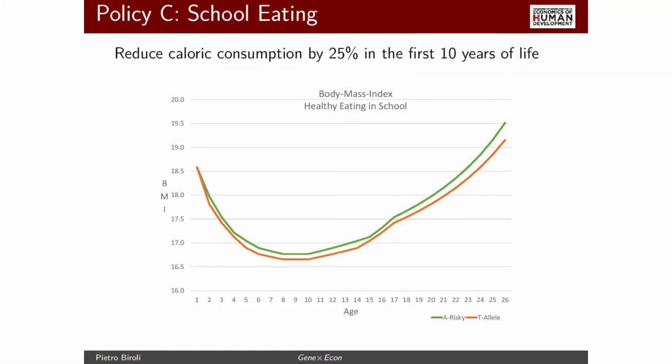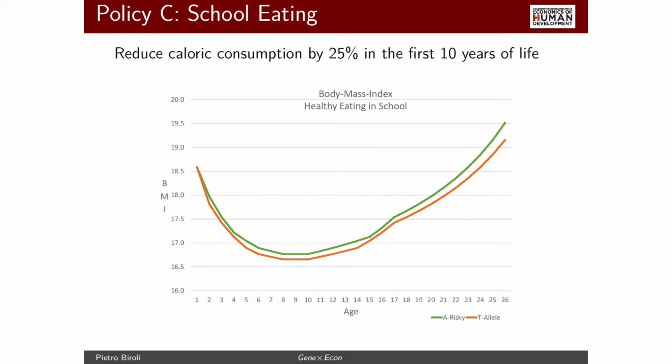I think that both of these two counterfactuals speak to the idea of the interaction and the interplay between genes and the budget constraints that people face when choosing how to invest in their human capital. Finally, another thing that we can consider is a school eating policy.